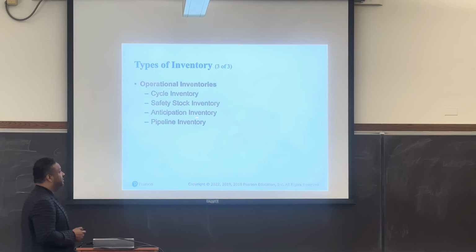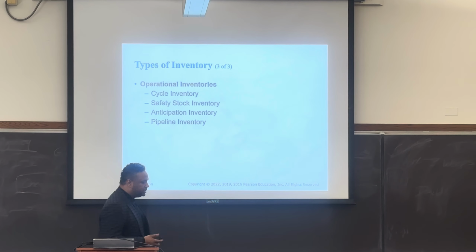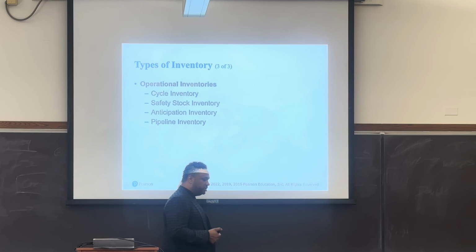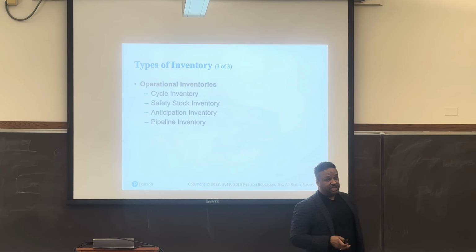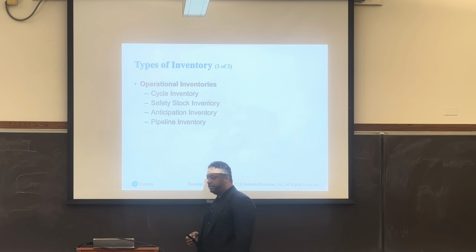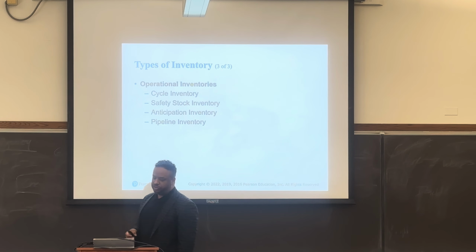All right, next we got safety stock inventory. We say, hey, just in case we get a surge in demand, we'll keep some extra somewhere. Maybe it's not on the site itself, maybe it's somewhere nearby, all right? Just in case I need something extra, we'll have some safety stock.